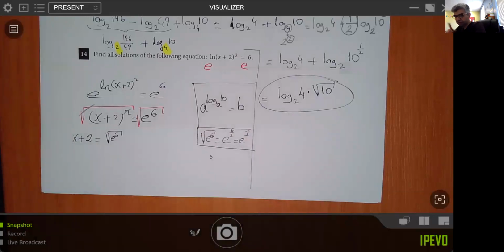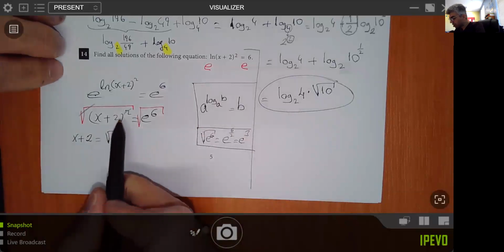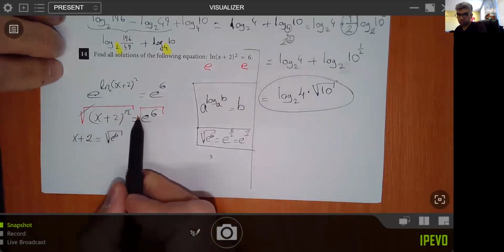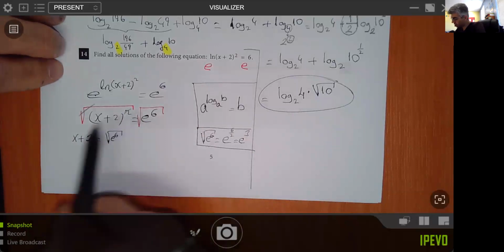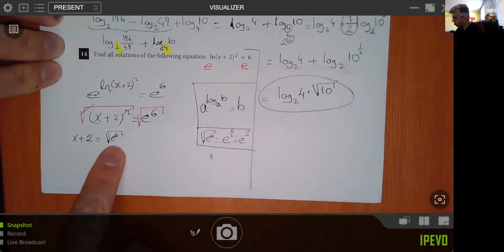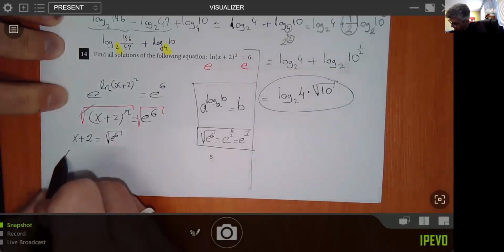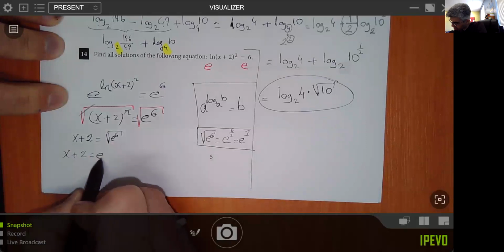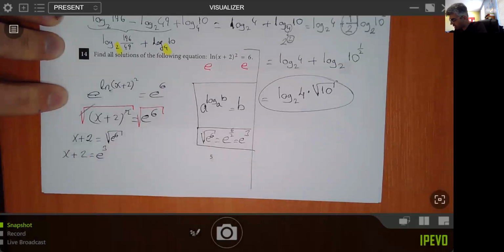There is one thing I didn't mention, because remember, these may be plus or minus. So we have x plus 2 is equal to e cubed.